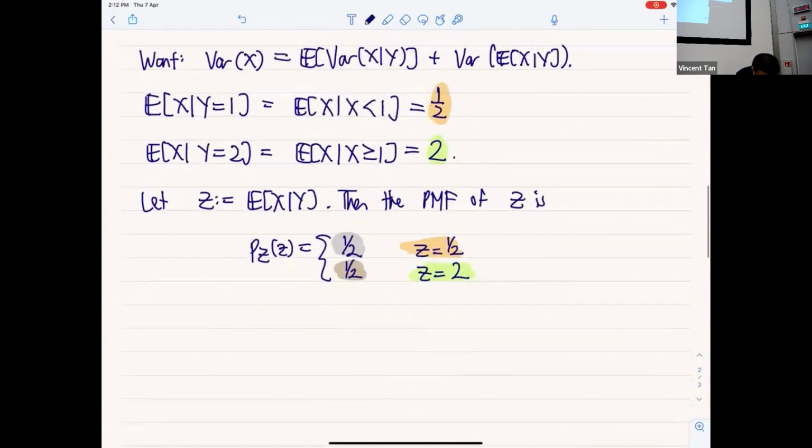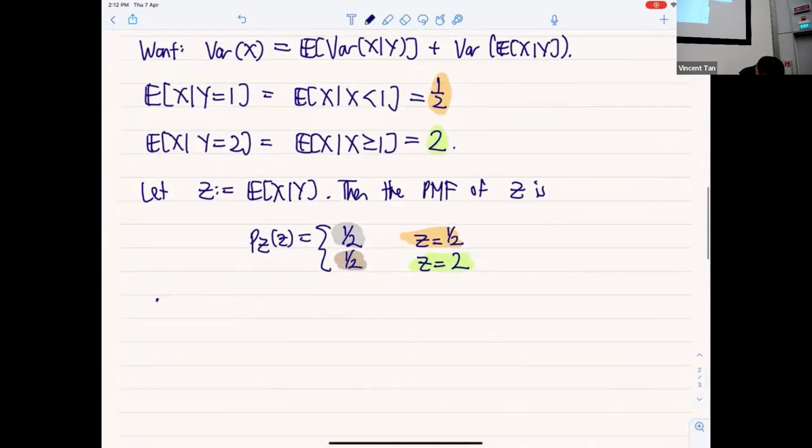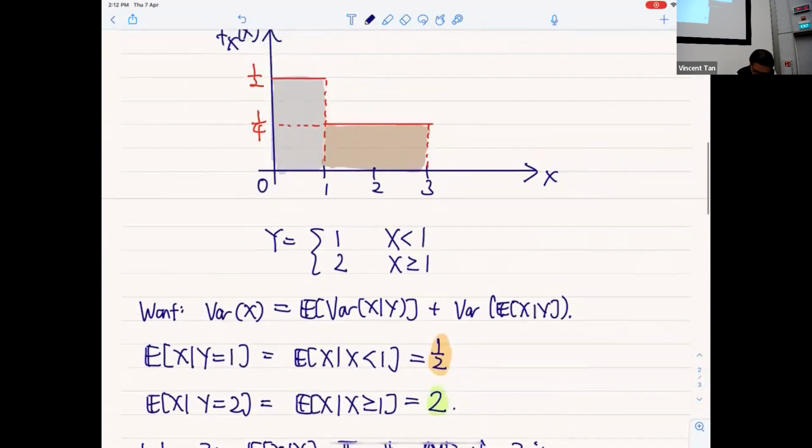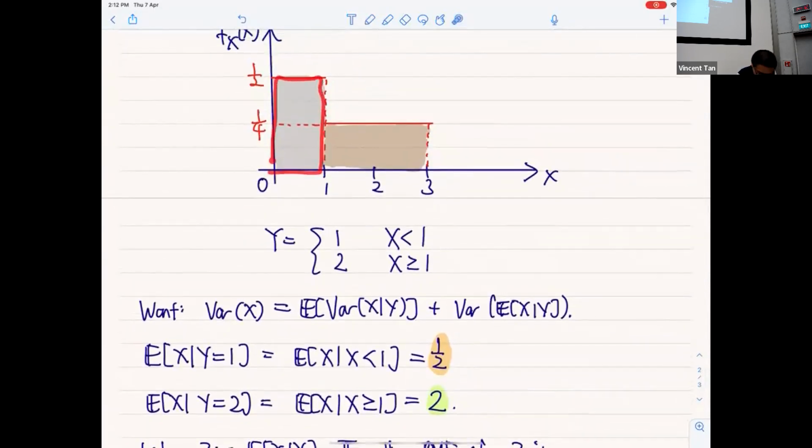Okay, so we do the same. Let's consider the variance of x given y equals 1. That is the variance of x given x less than 1. So now we are restricting ourselves to this particular interval here. What is the variance of this random variable when x is restricted to x less than 1?